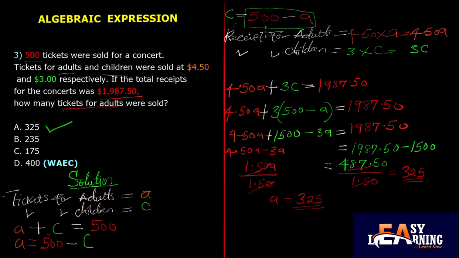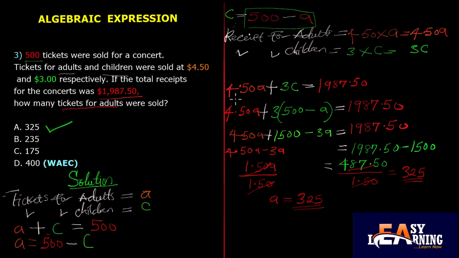That's the first part. Now, to know the receipts for adults, we know that each of their tickets is 4.50. So times the total numbers of adult tickets, that will give us 4.50A. Same thing for children, that will be 3C. Now, if we add up the two, it will give us the total receipts gotten for this concert, which is $1,987.50.